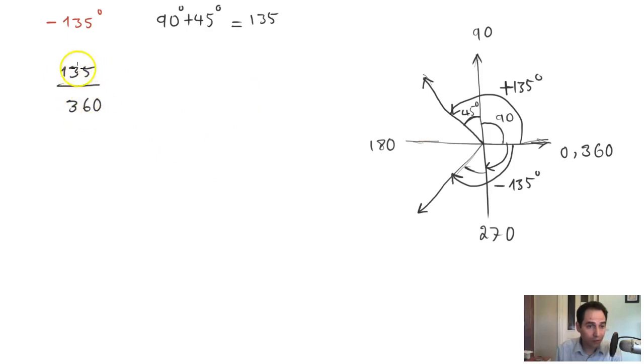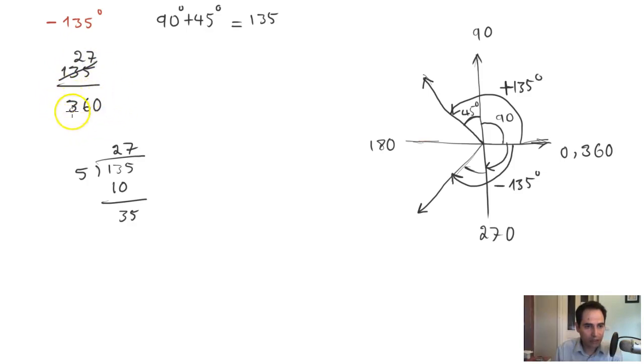In order to simplify, you can divide by 5, for example. Let's see. If you divide this by 5, 135 divided by 5 is, 2 into 5 is 10, and then you have 35, and you get 7 here. So 135 divided by 5 is 27.